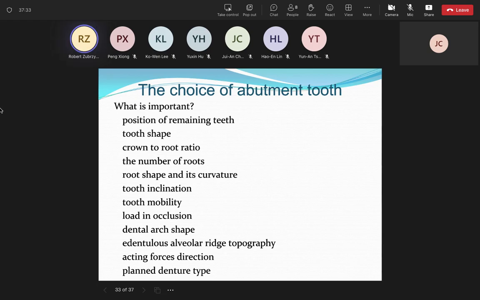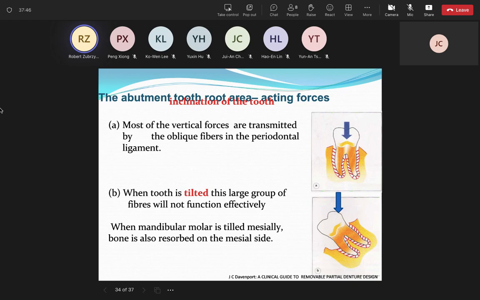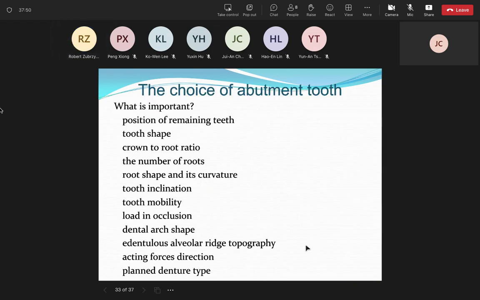Tooth inclination, tooth mobility, load in occlusion, dental arch shape, edentulous alveolar ridge topography, acting forces direction, and denture type.